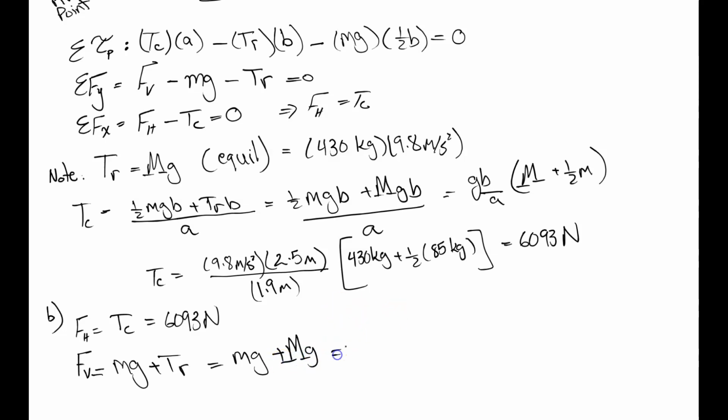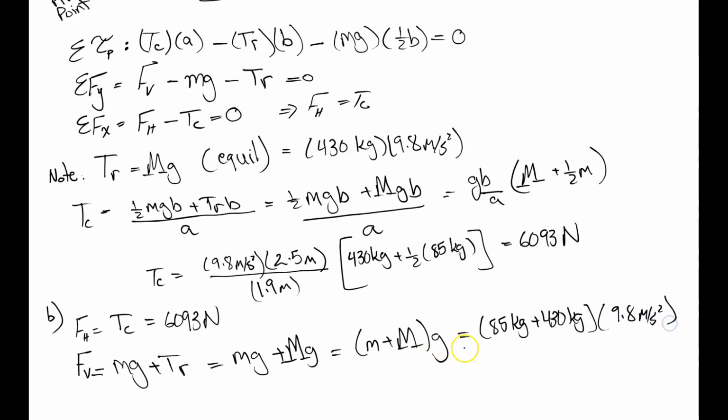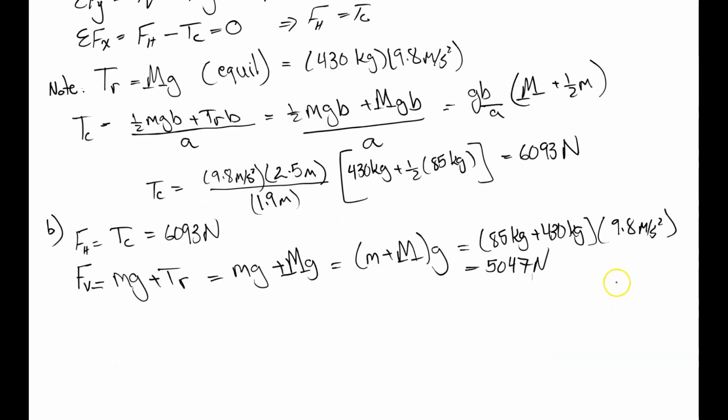And this is the same as little m plus big M times G, which is 85 kilograms plus 430 kilograms times 9.8 meters per second squared, or 5047 newtons.